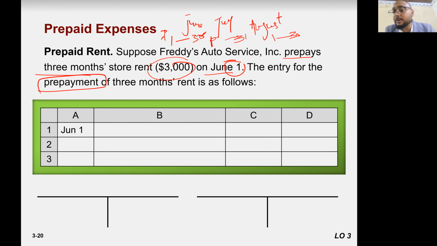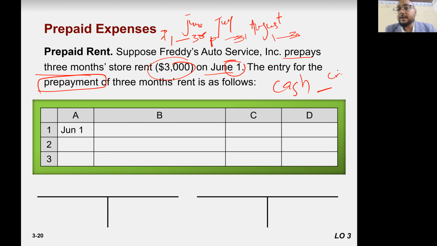Which two accounts are going to be affected? First of all, cash. You paid, so cash decreases. Cash decrease means debit or credit? Everyone, please participate. Credit. Well done, credit.